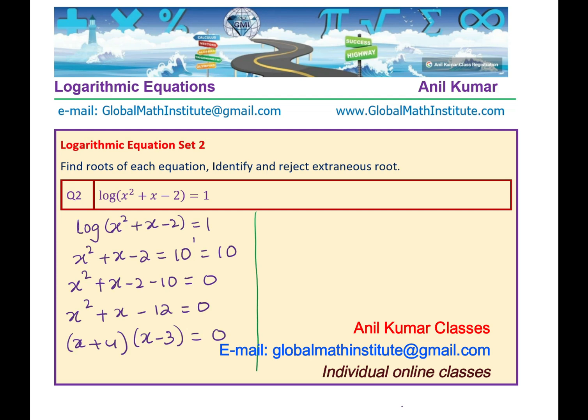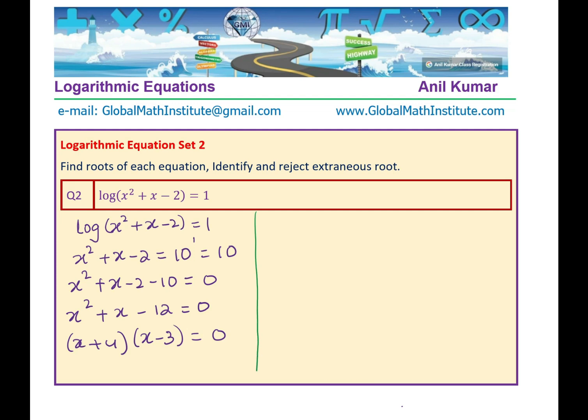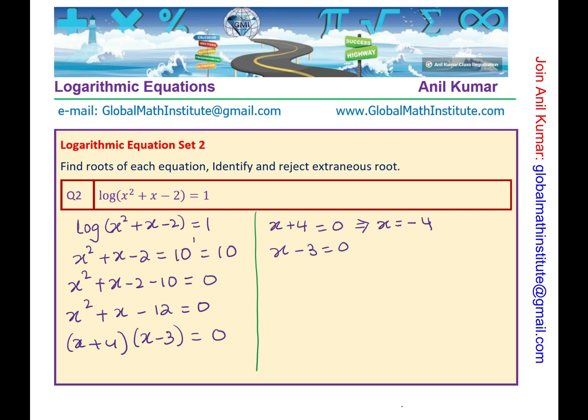Again, applying the zero principle, we'll find the solution. So x plus 4 equals 0 gives you x equals minus 4, and x minus 3 equals 0 gives you x equals 3. It's a good idea to check.